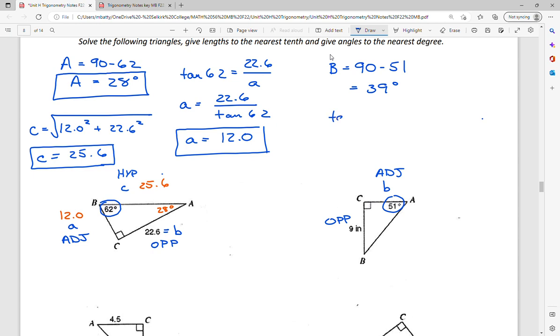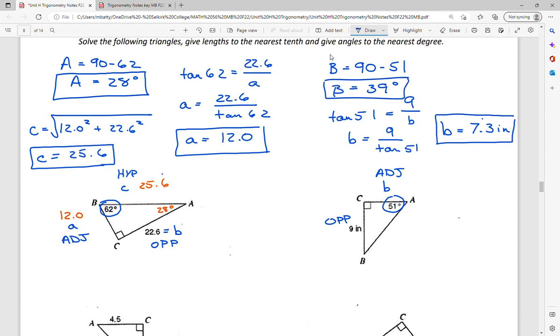So I'd have tan of 51 is equal to 9 over B. And B, swapping and dividing, is 9 over tan 51. Side B is equal to 7.3, we finally have units again, inches.